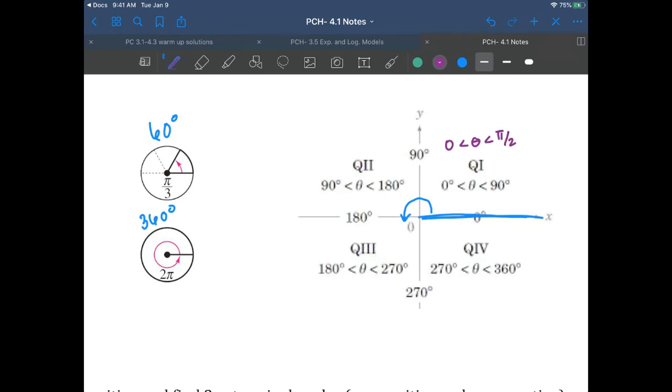The second quadrant would be pi over 2 is less than theta, which is less than pi. So this is 0, pi over 2, pi, 3 pi over 2. So pi is less than theta, which is less than 3 pi over 2. And 3 pi over 2 is less than theta, which is less than 2 pi. And then it just keeps going around and around in a circle.